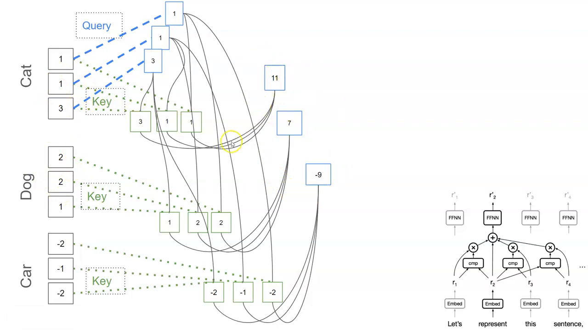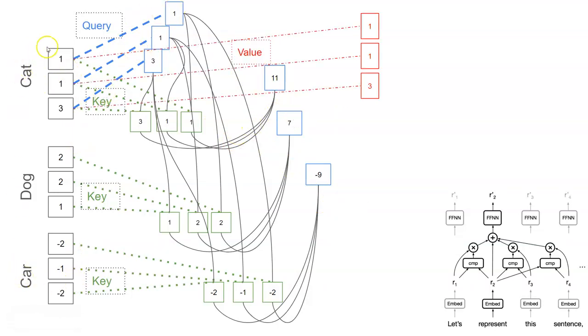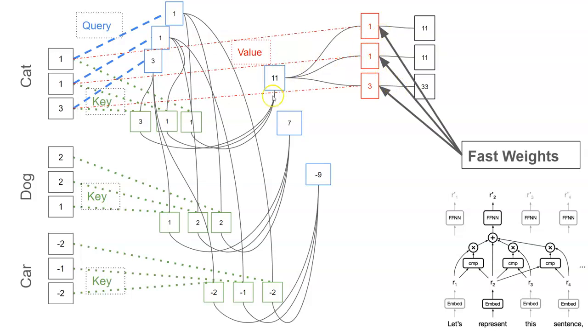Okay, so what's next? Well, now we have the importance of all the 3 words here, and then we take the value, copy again, 113, 113, and now we use it to make the dot product.